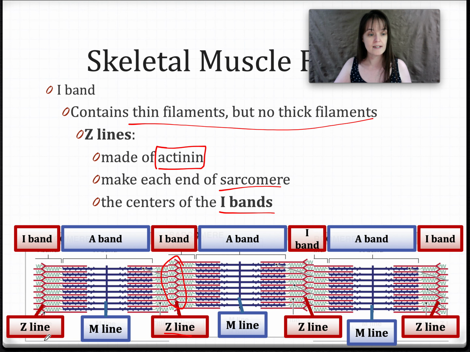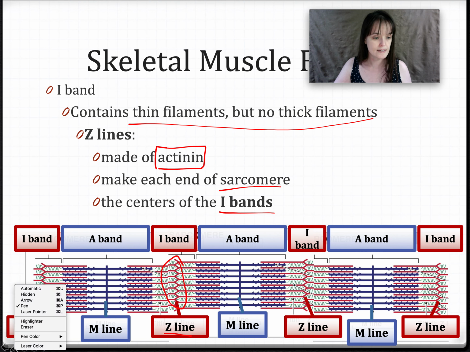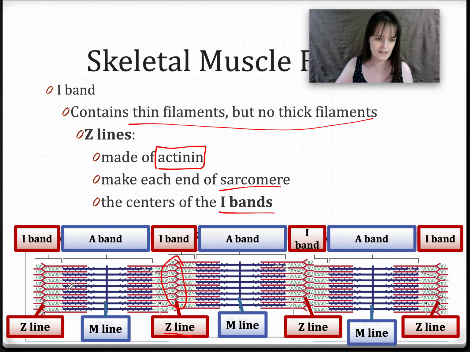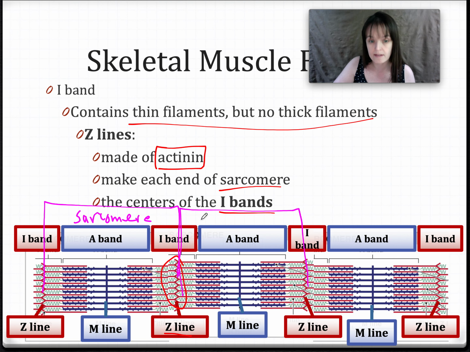Sarcomeres extend from Z line to Z line. So let me switch to magenta here. So Z line to Z line is a sarcomere. And then from this Z line to the next Z line is a sarcomere.